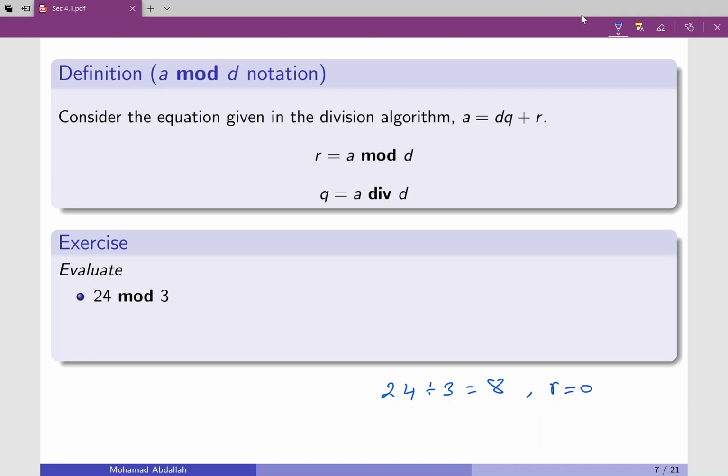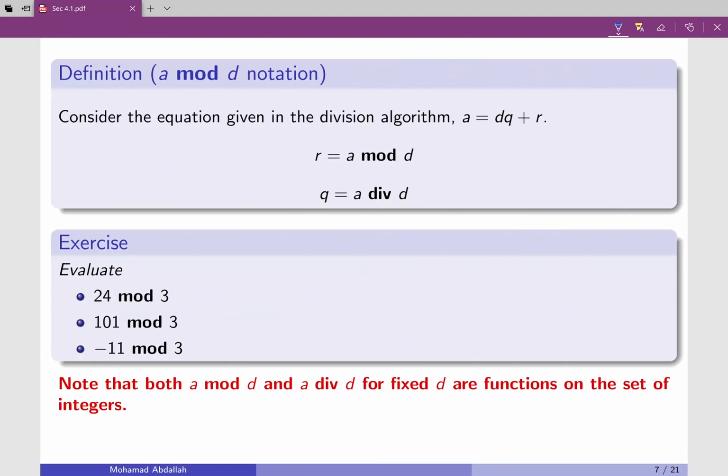So that means 24 mod 3 is equal to 0, and 24 div 3 is going to be equal to 8. You can try 101 mod 3 as well. So you divide 101 by 3 and then you find the remainder. Now, negative 11 mod 3.